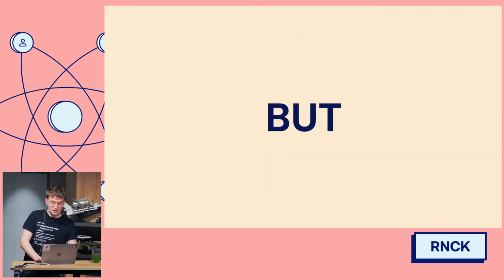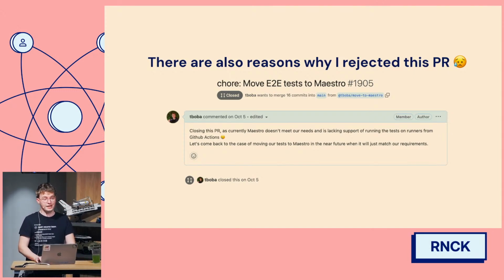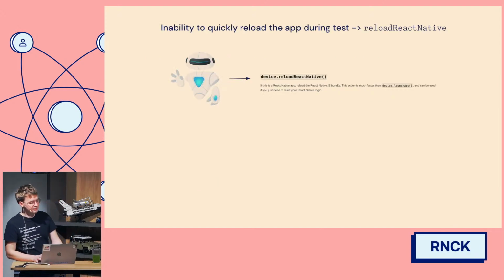But unfortunately, there are also reasons why I rejected this PR in React Native Screens. Yeah, closing this PR as currently Maestro doesn't meet our needs and is lacking support of running the tests or runners from GitHub Actions. Well, what have I meant here? For example, Maestro is unable to quickly reload the app during tests.